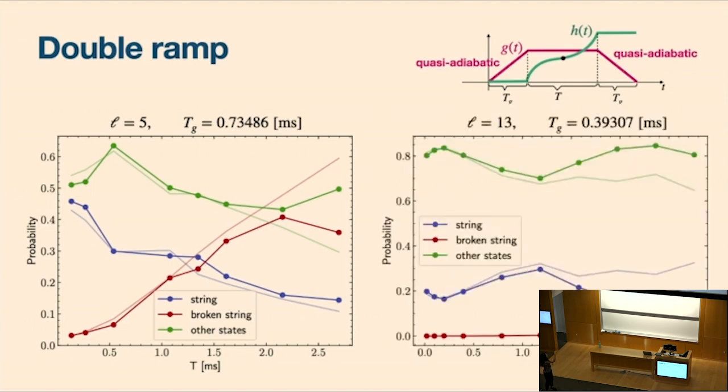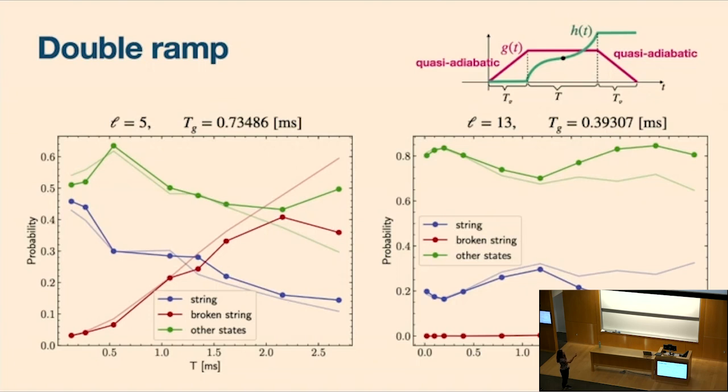This was for 5 spins. If you try to do the same thing for 13 spins, you don't see anything. And once again, the reason is the same as before: if you have a longer string, then at this avoided crossing the gap is very, very small, so you're basically always completely diabatic.